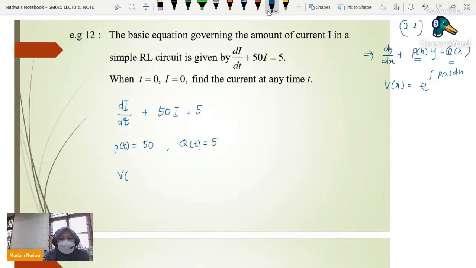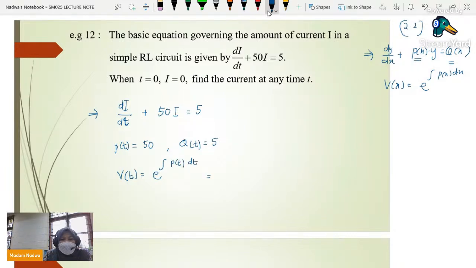Okay, so integrating factor kita, kalau sebelum ni kita pakai Vx, so untuk case equation ni kita akan pakai Vt is equals to e to the power of integration of pt dt.